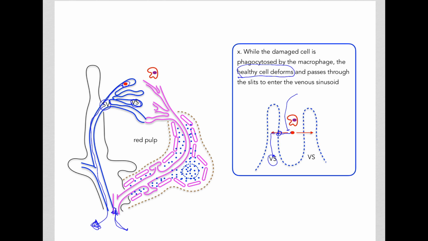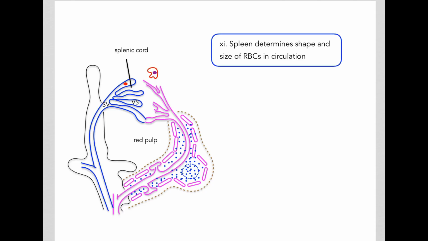It gets destroyed. So the spleen is not only a very important immune organ with all these various immune cells, but it's also an incredible filter that gets rid of not only abnormal red blood cells or old red blood cells, but also other particles, including parasites and so on.